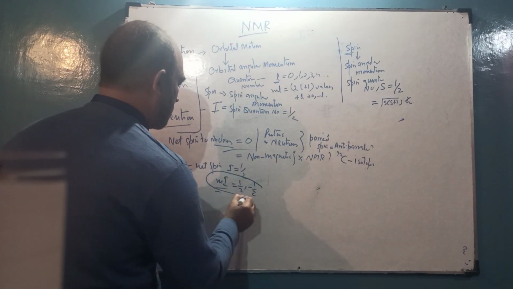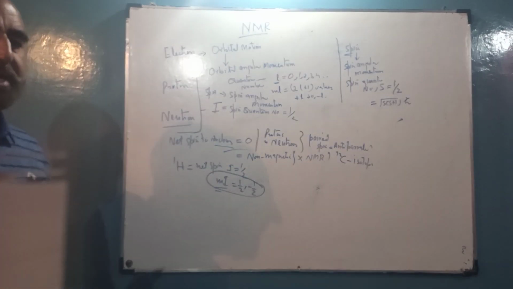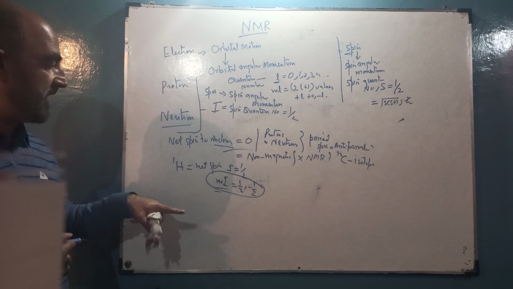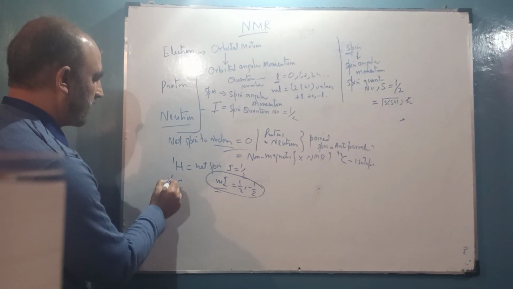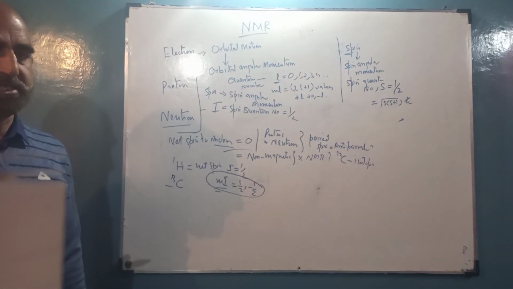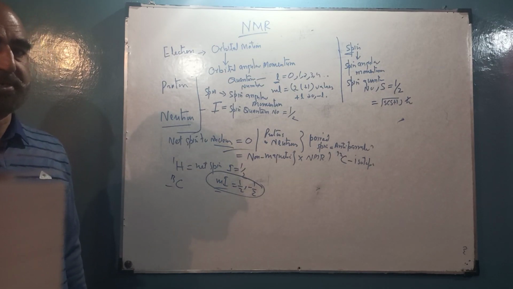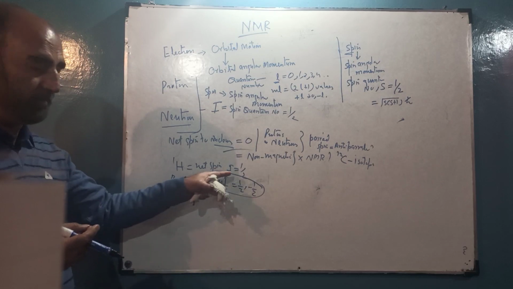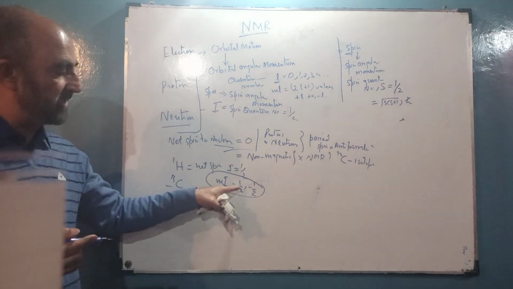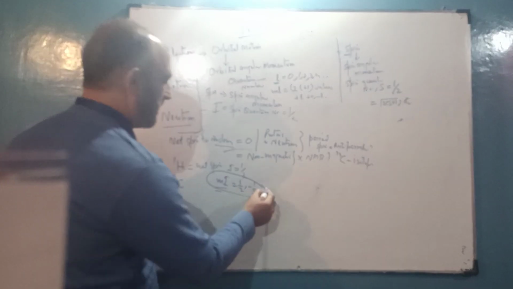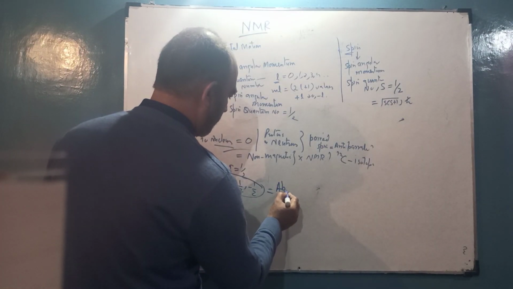So the nucleus with some net unpaired spin, when the I value for the nucleus is 1 by 2, as in the case of hydrogen 1 or carbon 13 or many other such elements whose nuclei have one unpaired spin, their I value will be 1 by 2 and mI value will be plus 1 by 2 and minus 1 by 2.